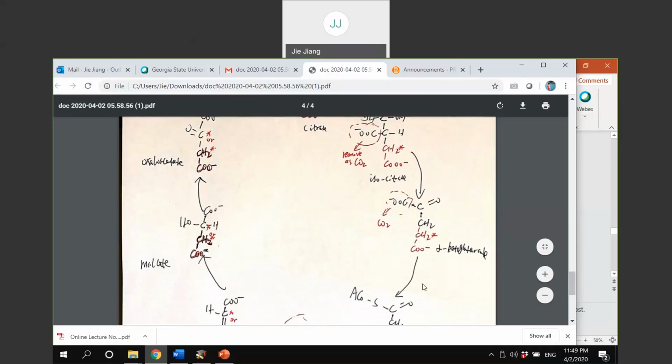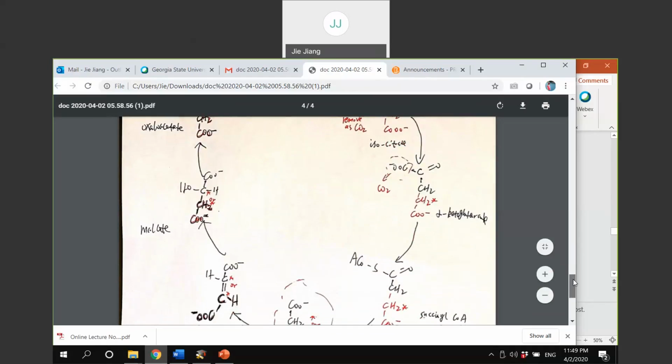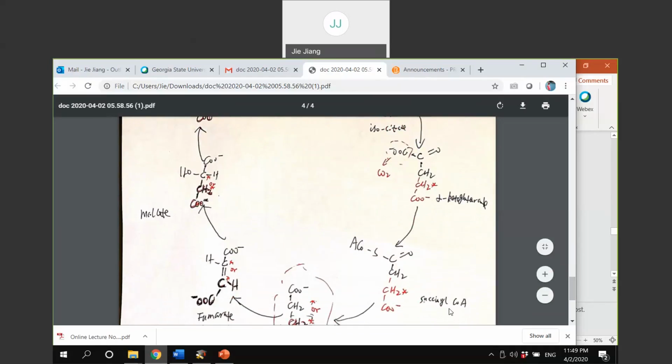It should be this carboxylic group, so it will be removed, and it forms succinyl-CoA.